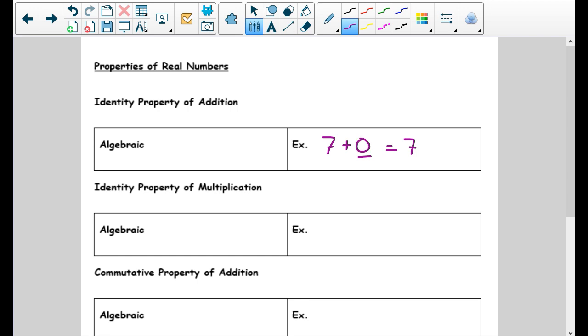So 0 plus a number equals that number. A number plus 0 equals that number. That's the identity property of addition. Adding something to something else and they get the exact same value. Okay?